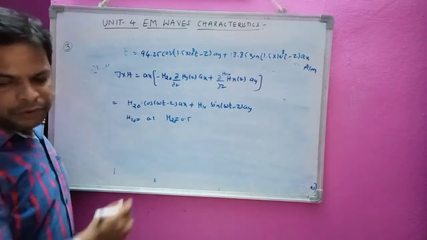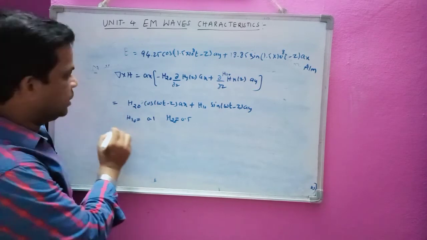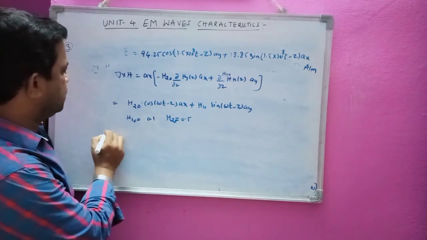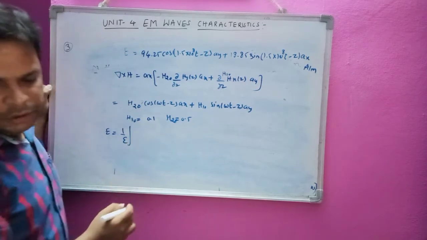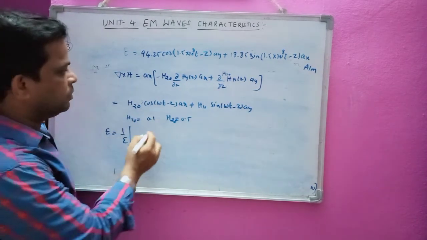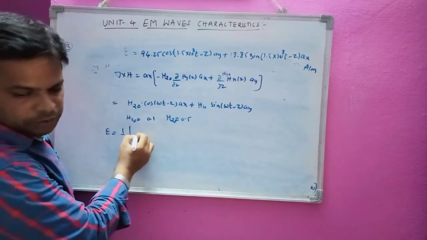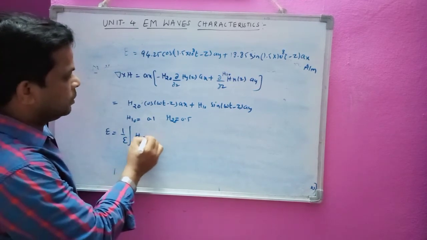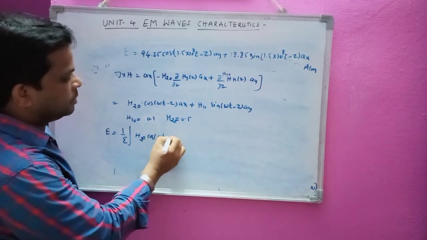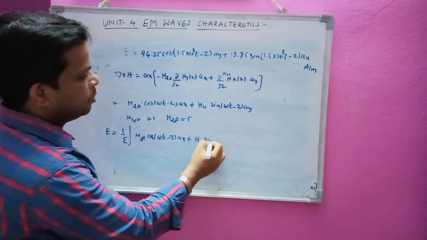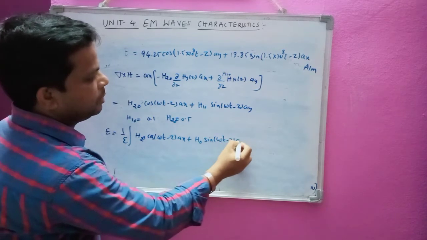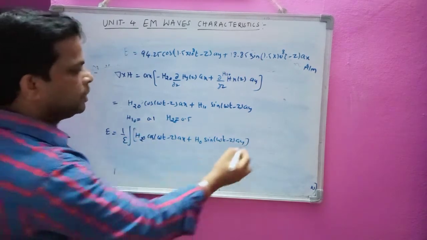So if you are going to substitute that one, we will take the value here, that is E is equal to 1 by epsilon del cross H. So we have got H2(0) cos(ωt − z) ax plus H1(0) sin(ωt − z) ay into dt here.